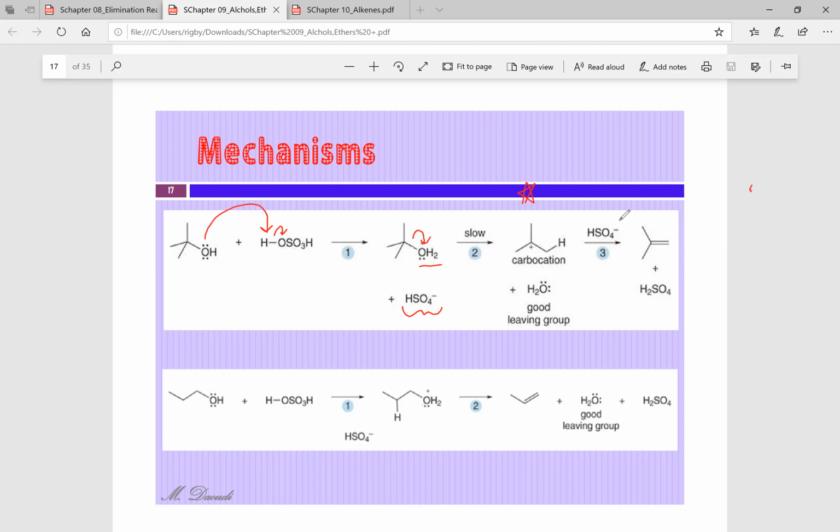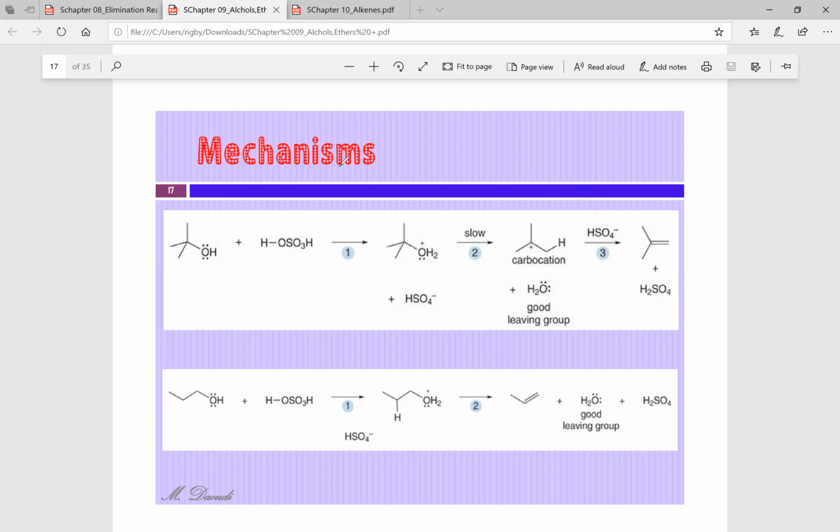And then we use our conjugate base from before. It will grab the hydrogen from the carbocation, and we just undergo elimination just like before. Notice here how the H2SO4 remains unchanged between the beginning and the end of the reaction. So that means that H2SO4 is a catalyst for this reaction.